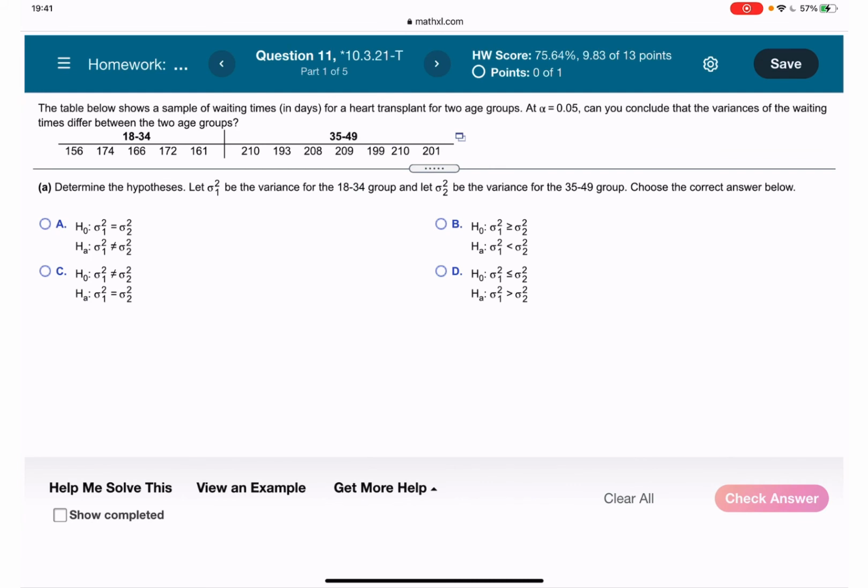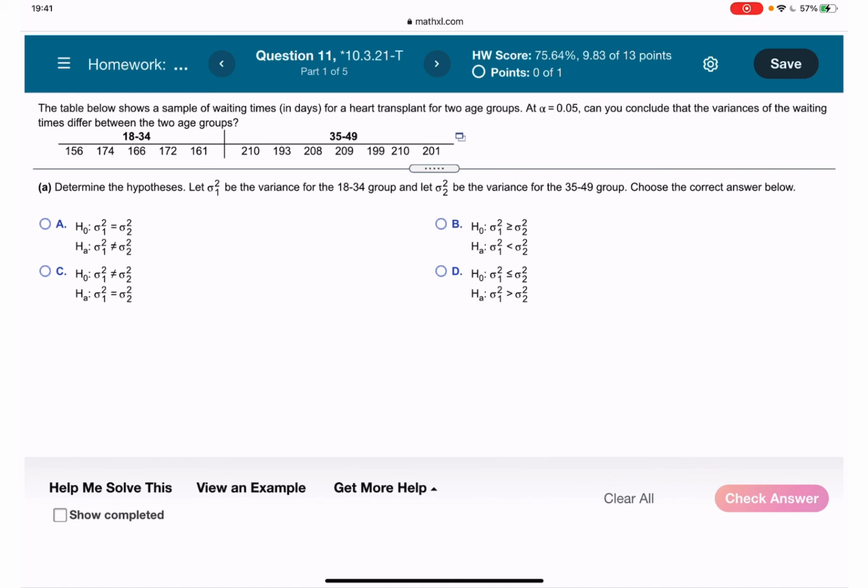Moving to question number 11, we have 2 more questions. Once we solve this 11.1, okay, so what do we have here? The table below shows a sample of waiting times in days for heart transplant for 2 age groups.